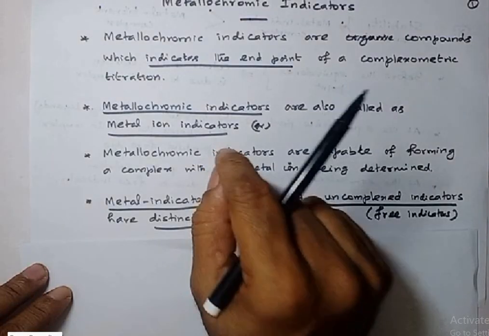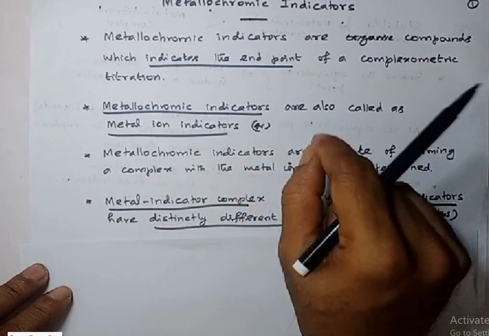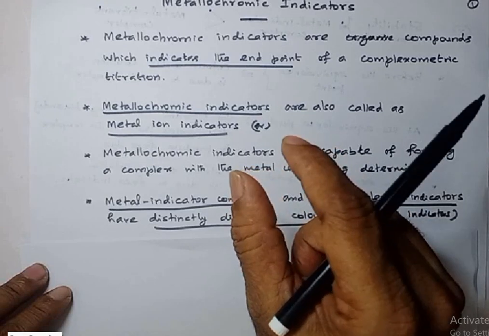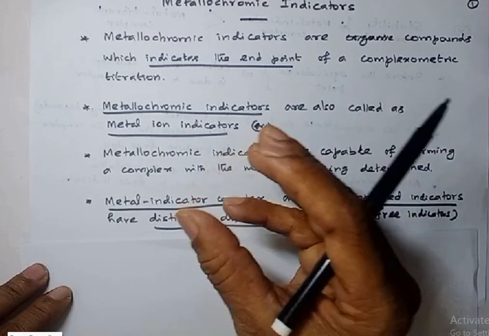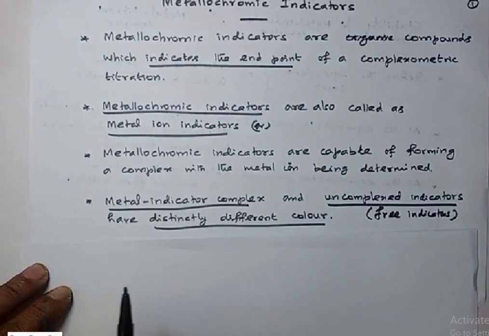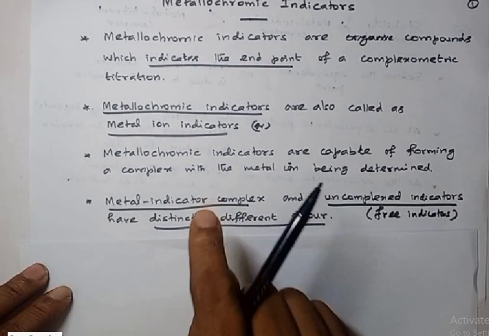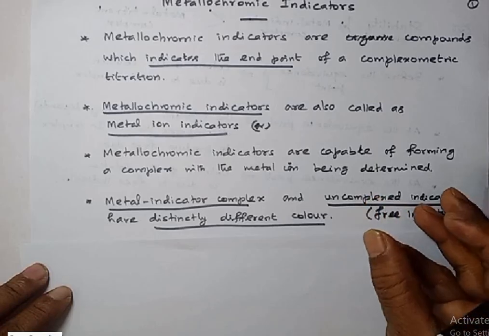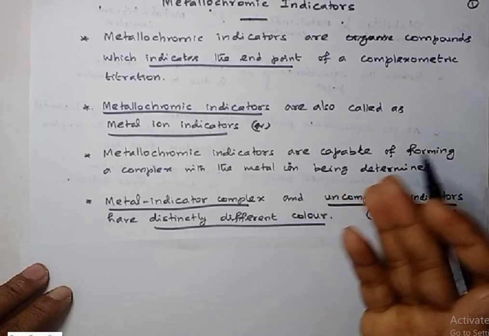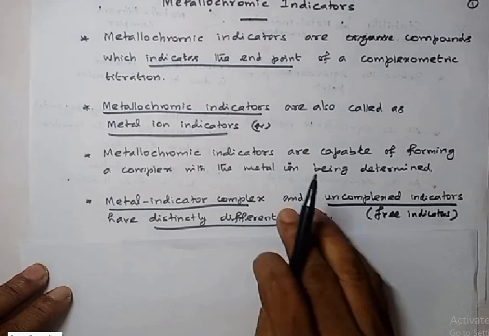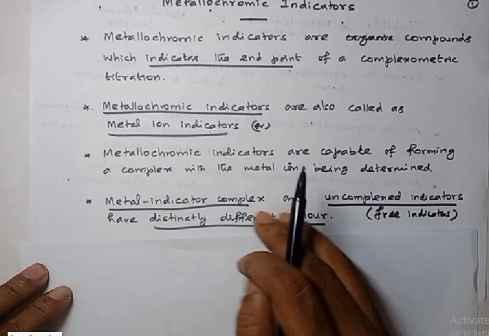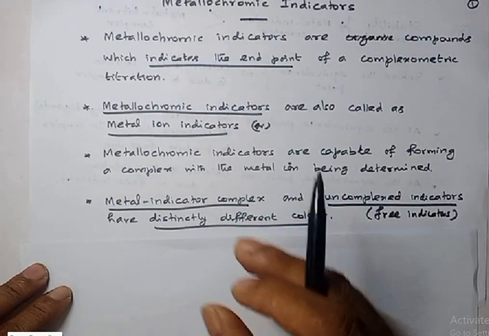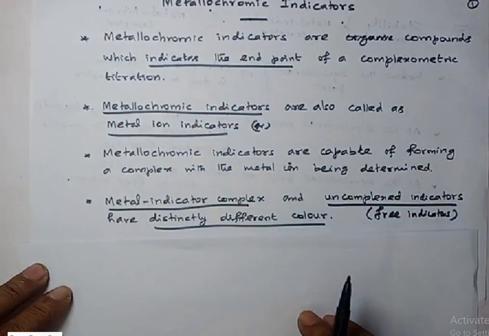When you add a metallochromic indicator to the metal ion, the indicator combines with the metal ion and forms metal indicator complex. The metal indicator complex has one color, whereas the free indicator, the uncomplexed indicator, has a different color. This is the basis of the color change of the metallochromic indicator at the end point.